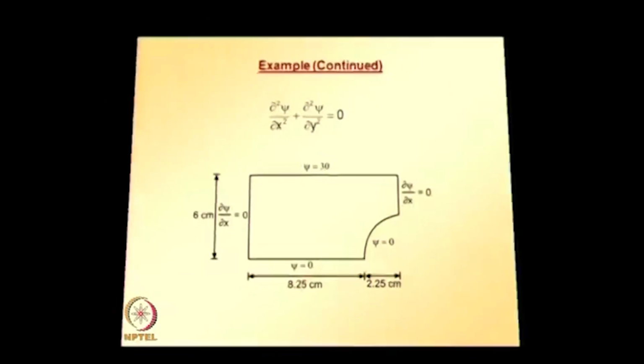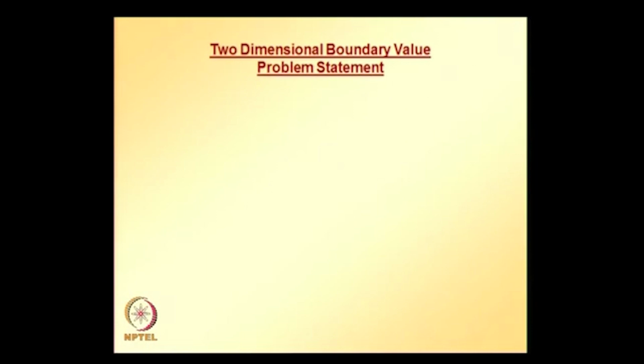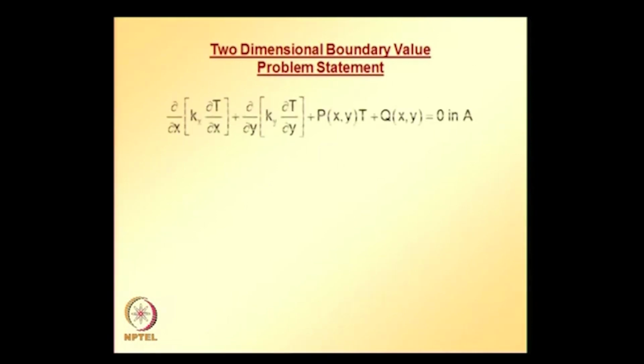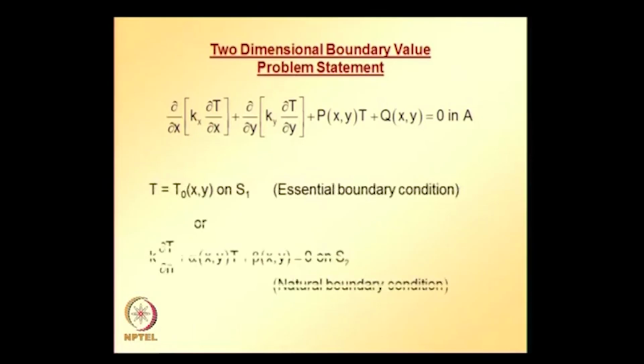So, now let us look once again at the general 2-dimensional boundary value problem, the statement that we started out with. This needs to be satisfied over the domain A, subjected to any of these boundary conditions, essential or natural boundary condition.